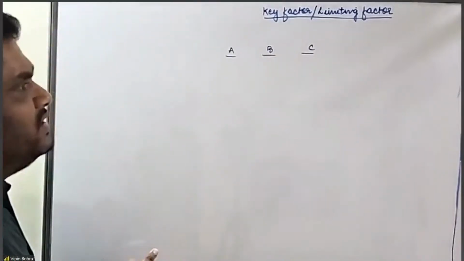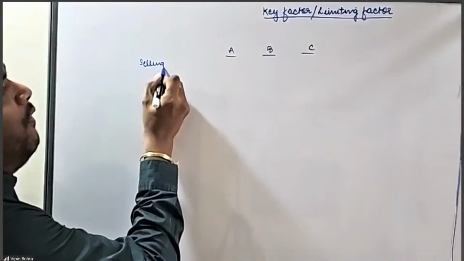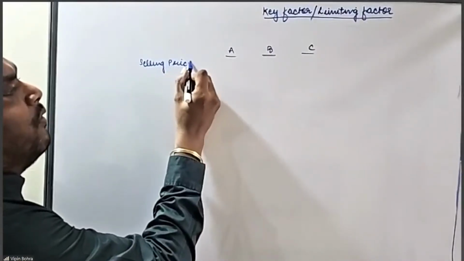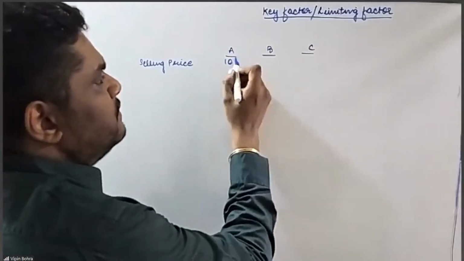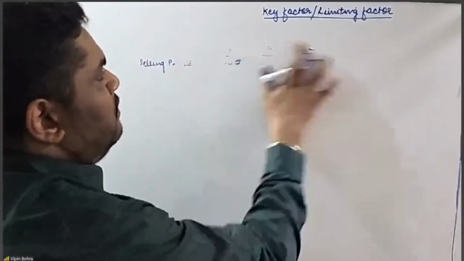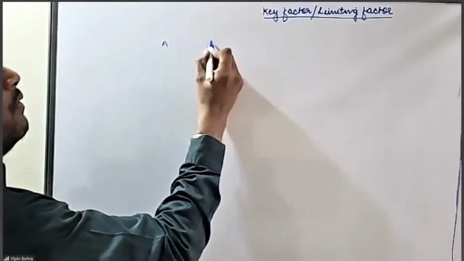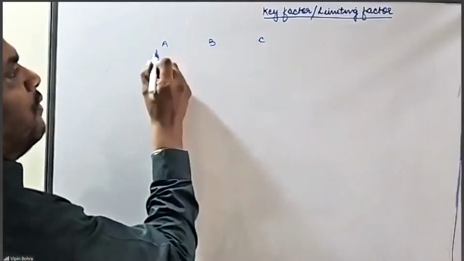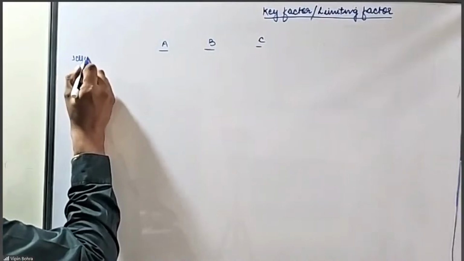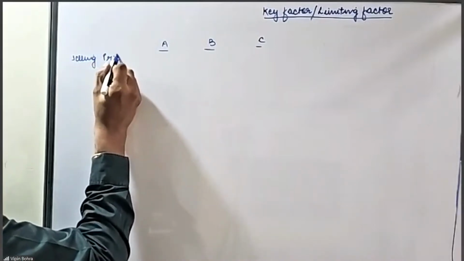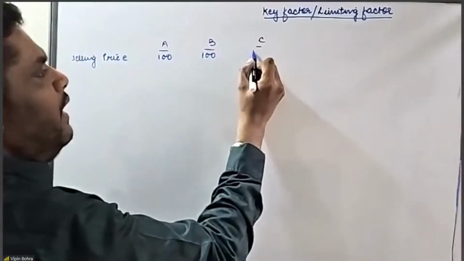So I do manufacture three types of product, A, B, and C. When talking about the selling price of A, B, and C, let's take it as 100, 100, and 100.